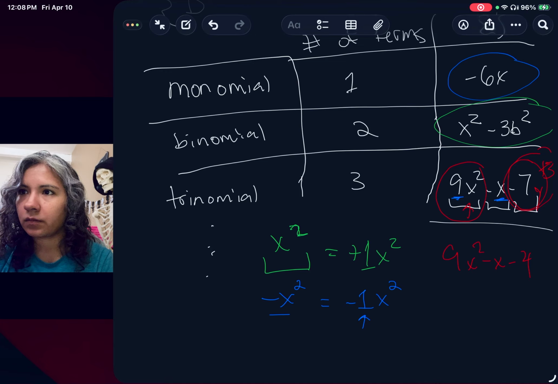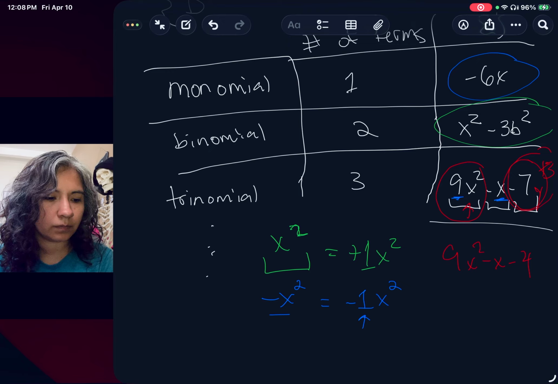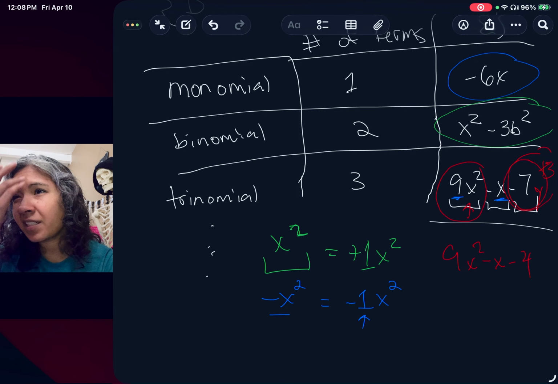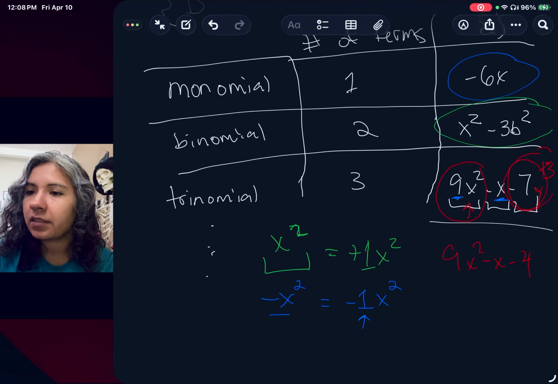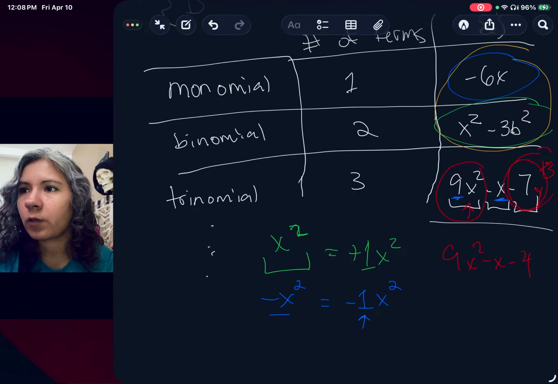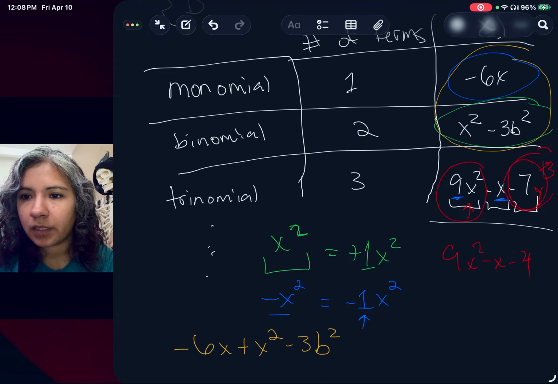I don't have any examples here, but they have to have the same parts. Like this -6x, let me switch here. I'm going to write those two out: -6x plus x squared minus 3b squared. These x's are not the same.